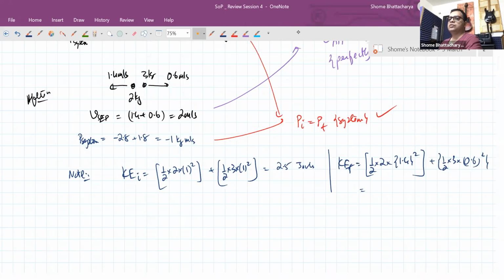So if you work this out, you will get 1.96 here plus 3 by 2 into 0.36.